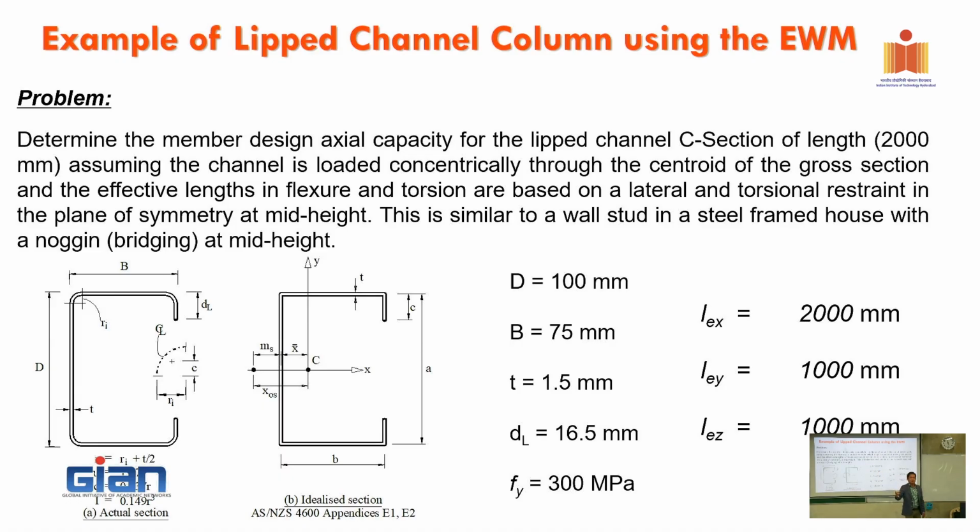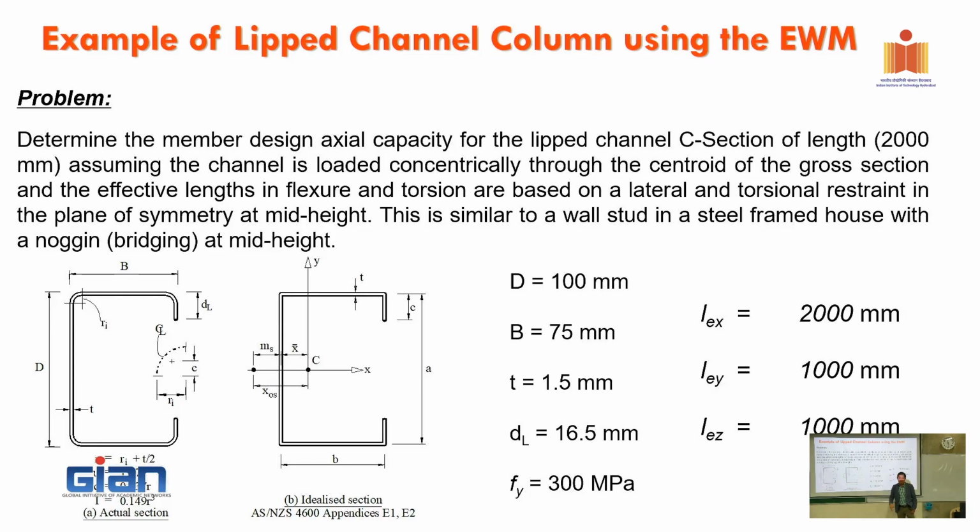It's a very typical size of the wall stud when you design in practice. B is the width of the flange, so flange width 75 millimeter. The thickness is 1.5, and DL is the size of the lip, 16.5.